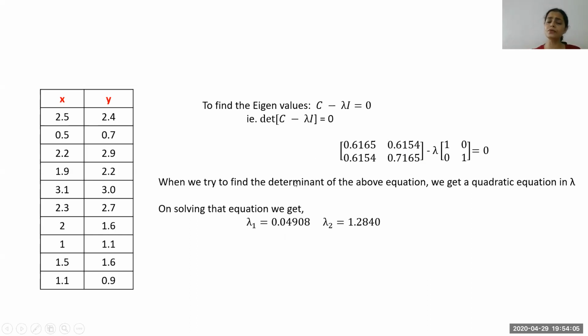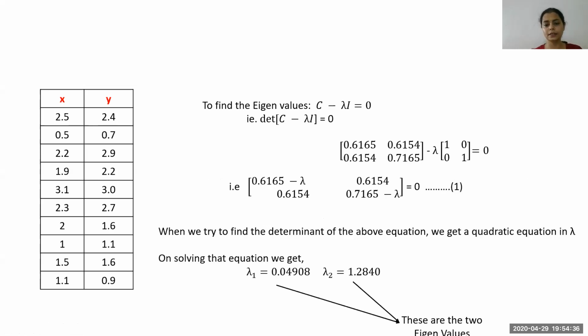When we try to find the determinant, we get a quadratic equation, and solving that quadratic equation, we get two values of lambda, where lambda 1 is equal to 0.04908 and lambda 2 is equal to 1.2840. For those of us who have trouble solving the quadratic equation, you can simply solve it using the quadratic formula, and it is easily solvable.